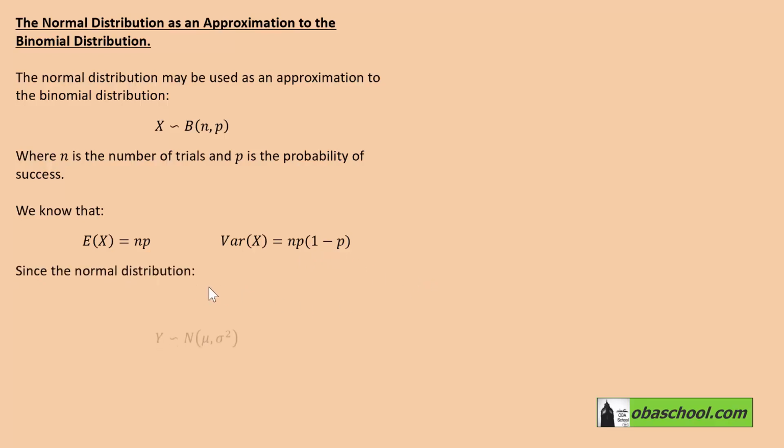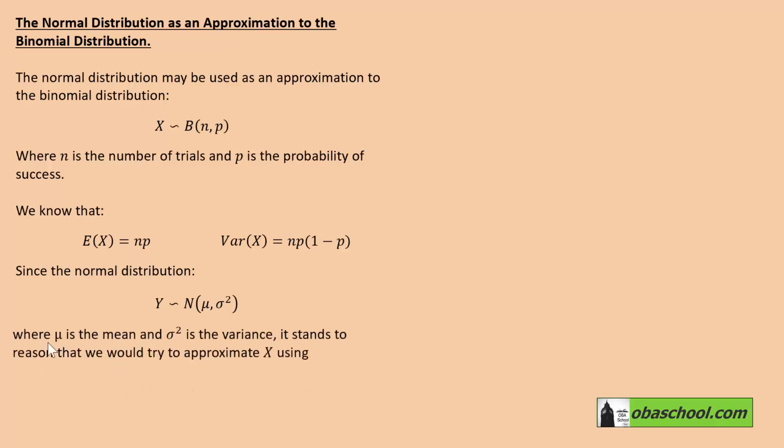Since the normal distribution, let's say it's y, follows a normal distribution with the parameters being the mean and the variance, we can use these values here. And we can approximate x, which is this distribution here, using a normal with expectation of x and variance of x as the parameters.